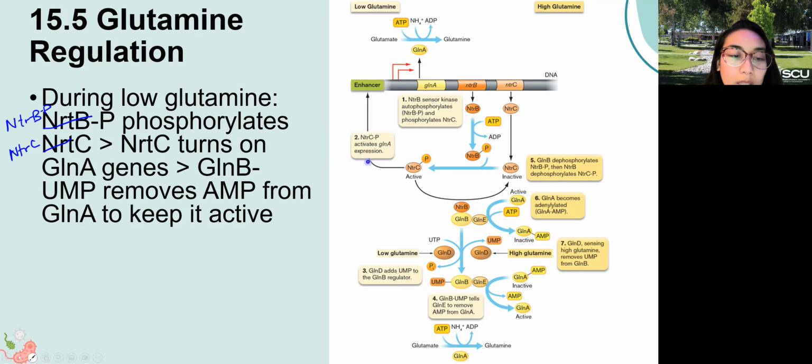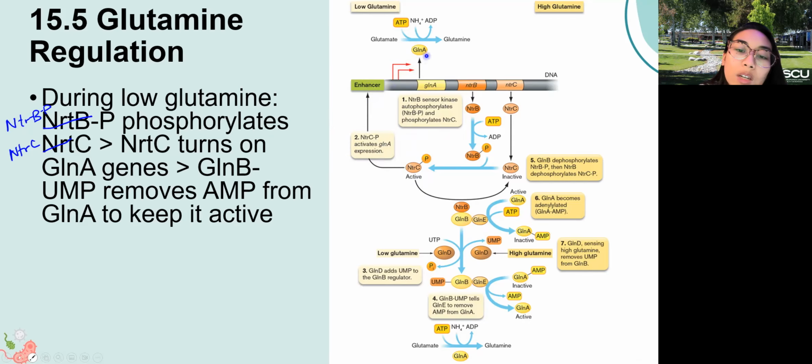So there we have a molecule that is phosphorylated, this NTRC. Now the phosphorylated version of NTRC is going to go bind here, and it's going to turn on the GLNA gene. It's basically the activator for this gene. Simple enough. Now that is just turning on the gene, but we also need to maintain the activity of the protein itself.